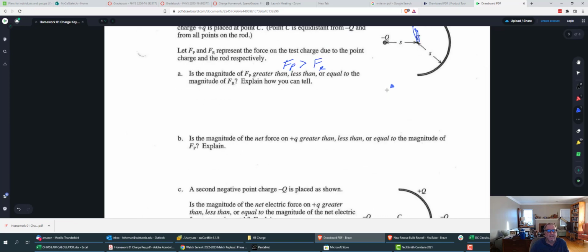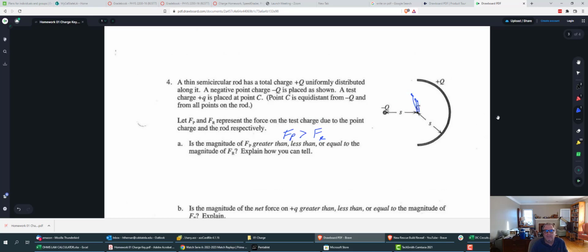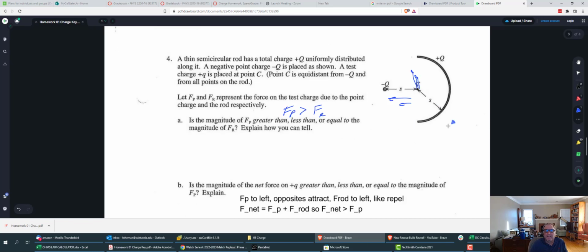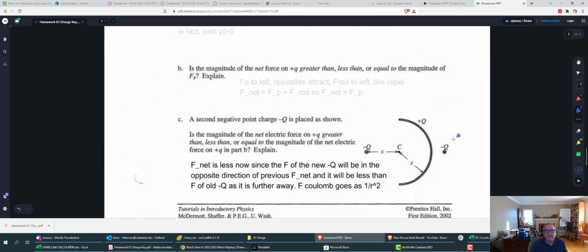And let's see, the magnitude of the net force and the magnitude of FP. Since both of them, with a positive test charge there, are going to have net forces pointing this way, F net is going to be greater than either one of them, and that is written there.